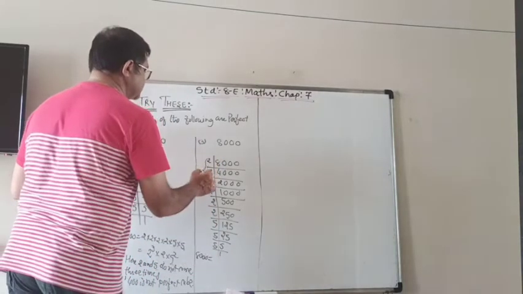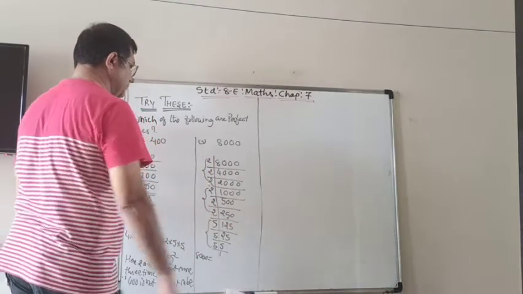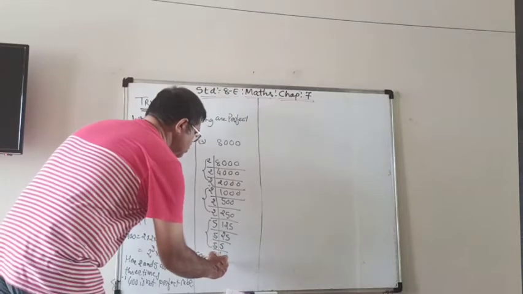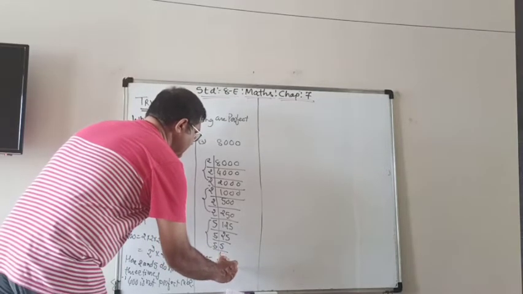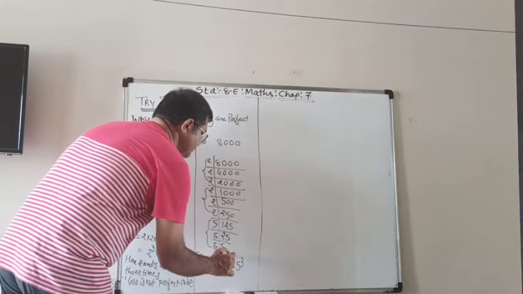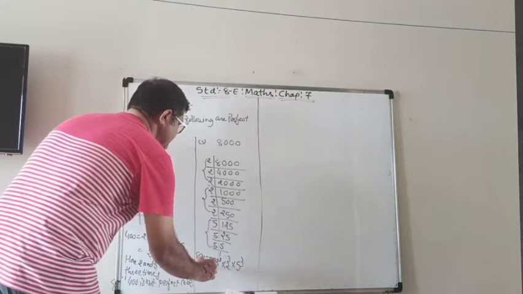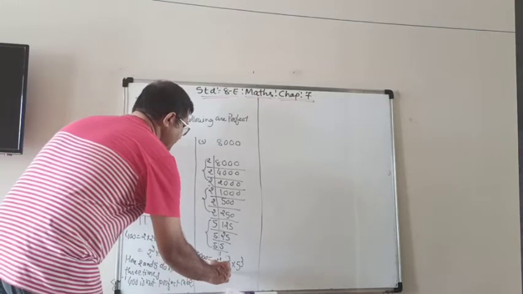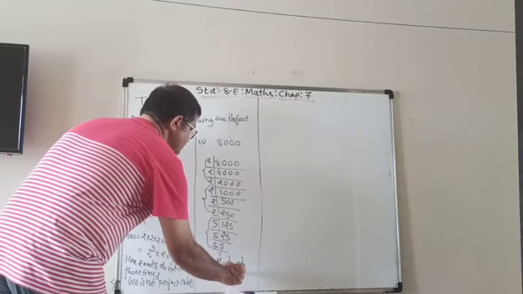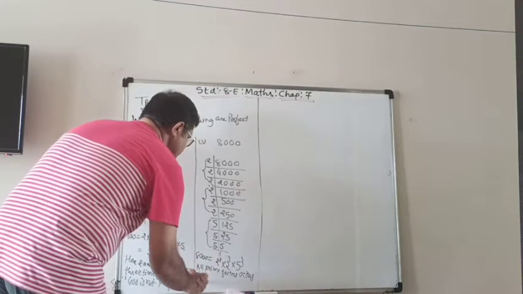You can make the triplets here also. Here you can see all are triplets. It is equal to 2 cube multiplied by 2 cube multiplied by 5 cube. So all prime factors occur 3 times.